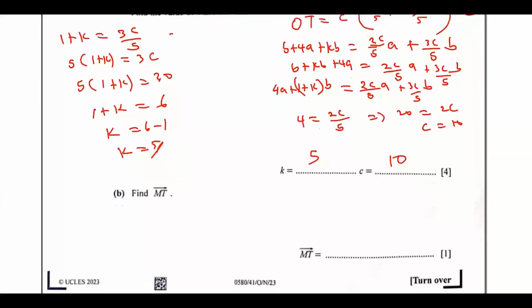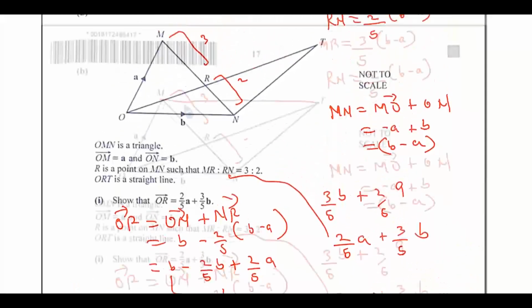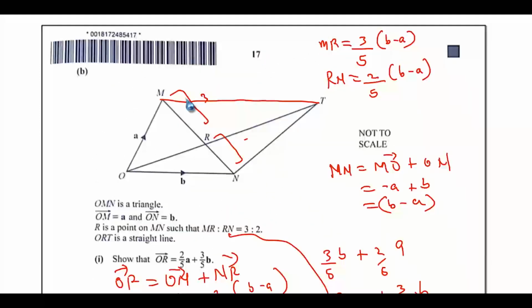So let's find the magnitude of the vector MT. If you go to the diagram, you see that vector MT is this line here, and it will be equal to MO plus ON plus NT.